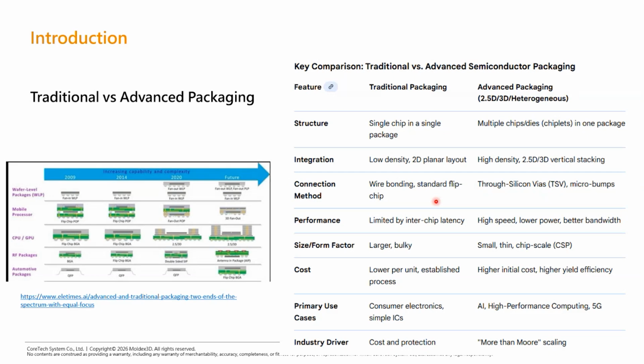And this is getting more and more advanced as each day passes. So there is quite a big difference between traditional packaging and advanced packaging. Traditional packaging processes could be a single chip in a single package. Advanced packaging could be, or is, multiple chips and dies in a single package.